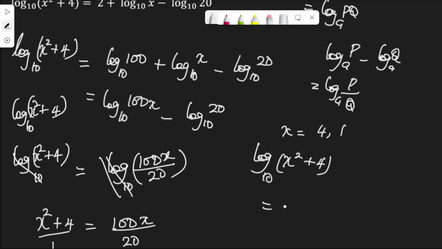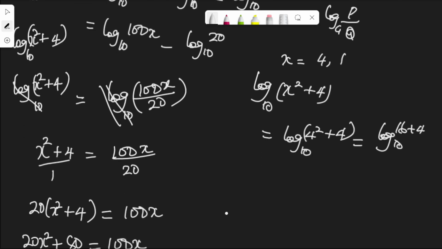So when x is 4, this will be log (4 squared plus 4) to base 10. And 4 squared is 16, so log (16 plus 4) to base 10. 16 plus 4 is 20. Log 20 to base 10. That is the left hand side.